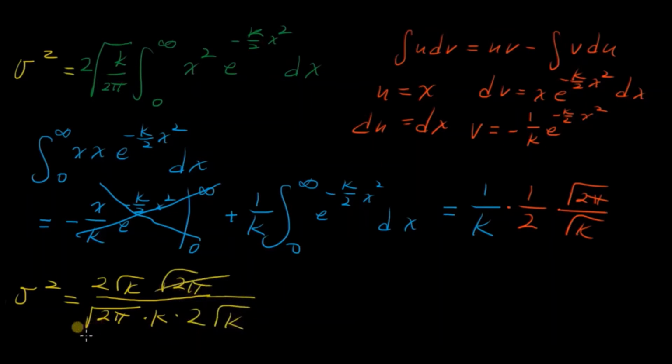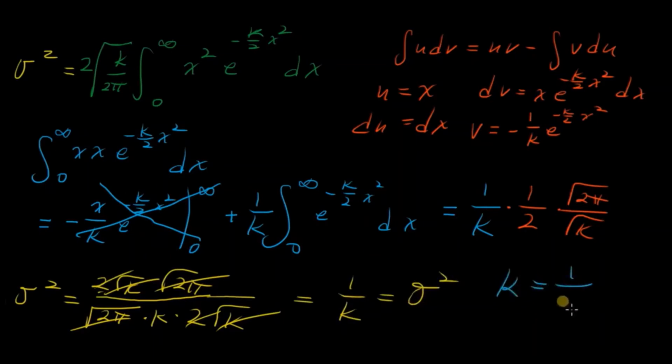And if we just cancel everything, we get 1 over k. And this is what we were after. So 1 over k equals the variance, and so we can say k equals 1 over the variance. And this is now what we're going to use to go back and substitute for k in our function.